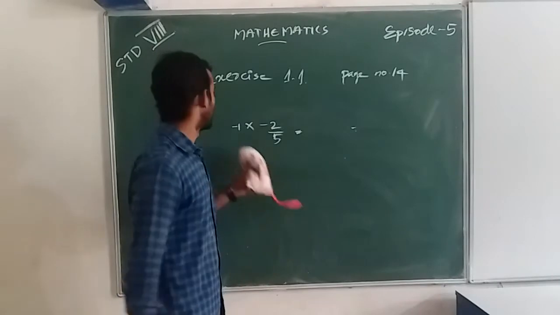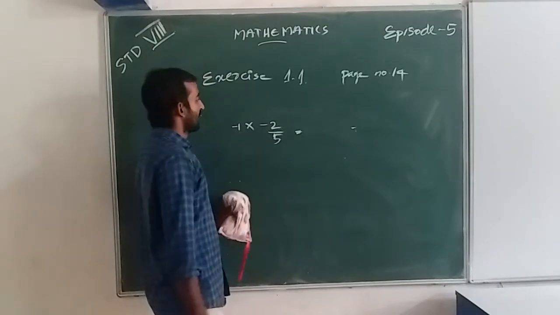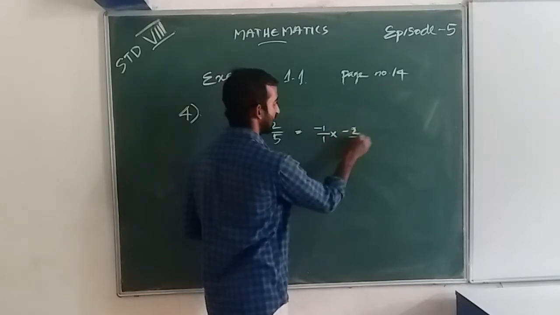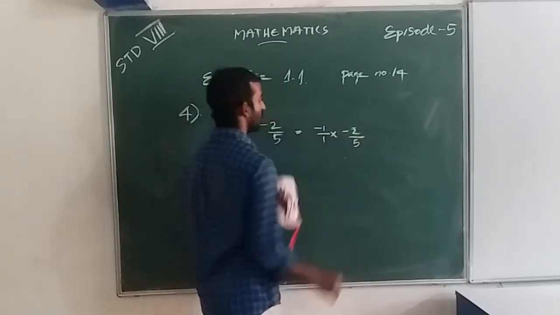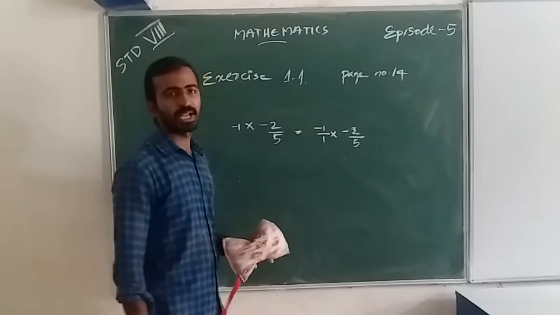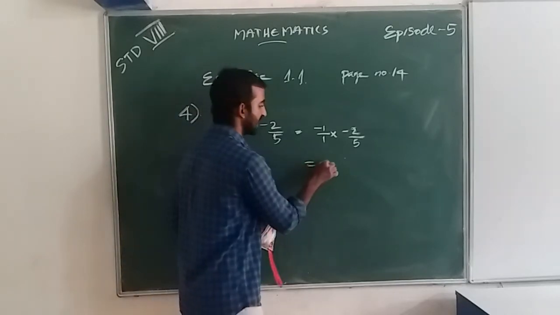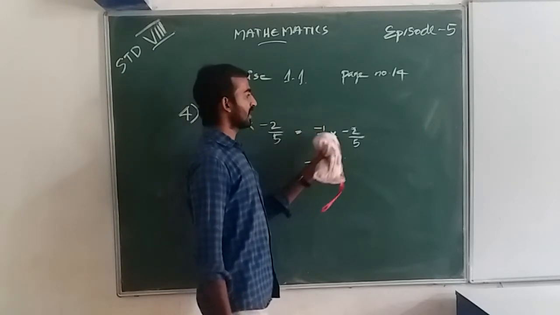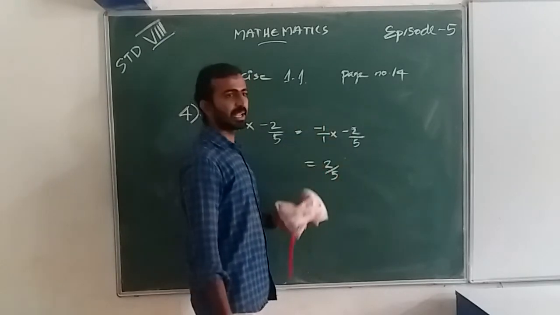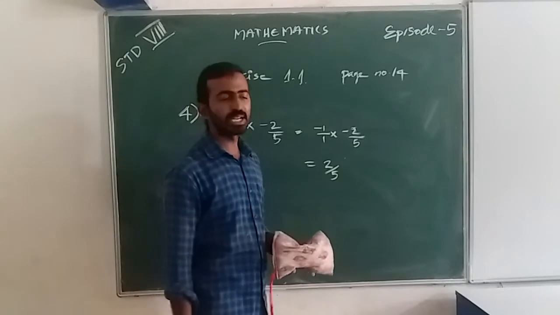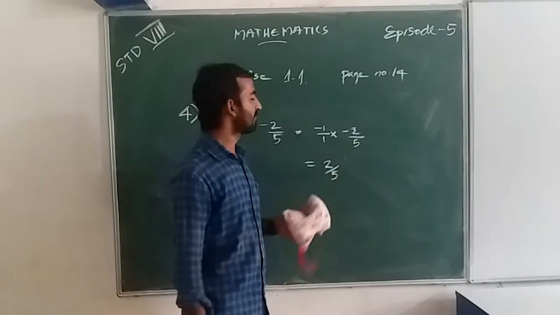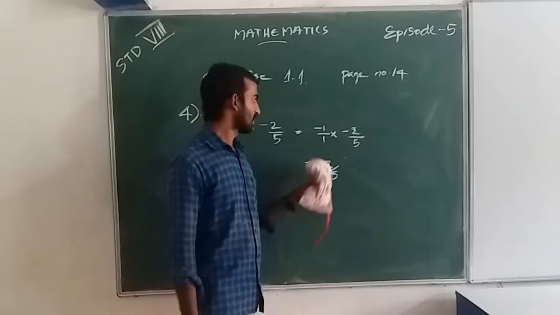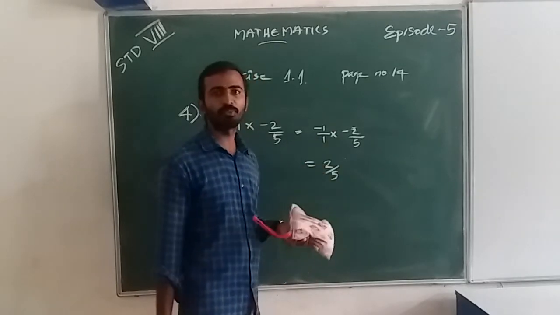Here we can write negative 1 by 1 into negative 2 by 5. We get the answer 2 by 5. Here negative 1, negative 2: we multiply negative 1 into negative 2, we get positive 2. Because when we multiply two negative integers, we get a positive integer. So 2 by 5, 1 into 5, 5.